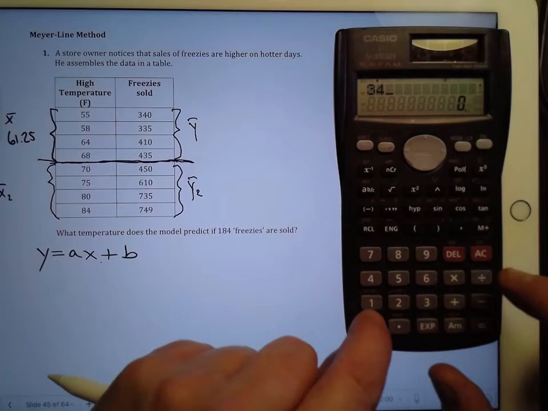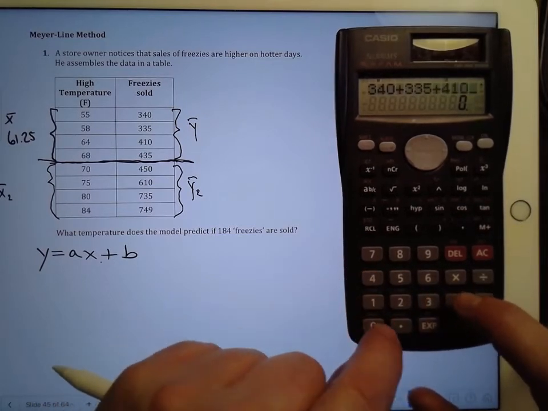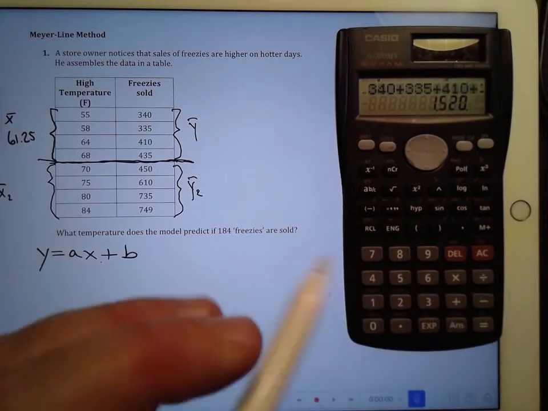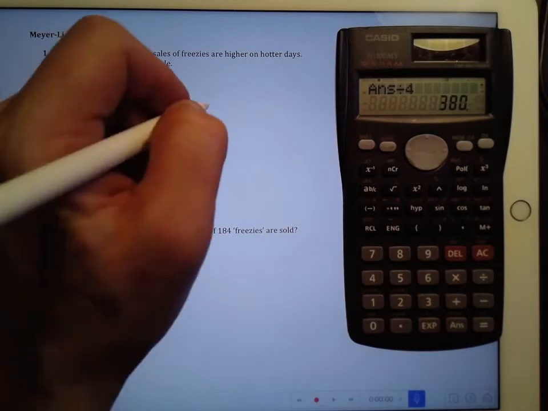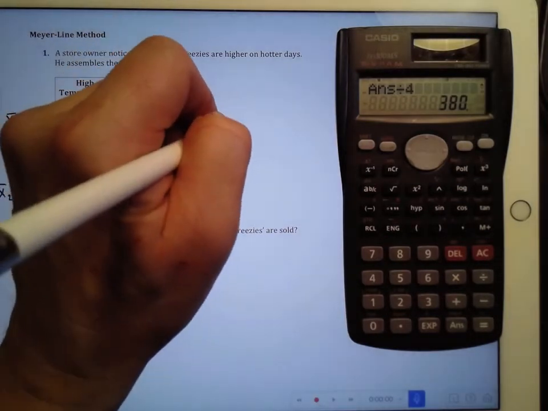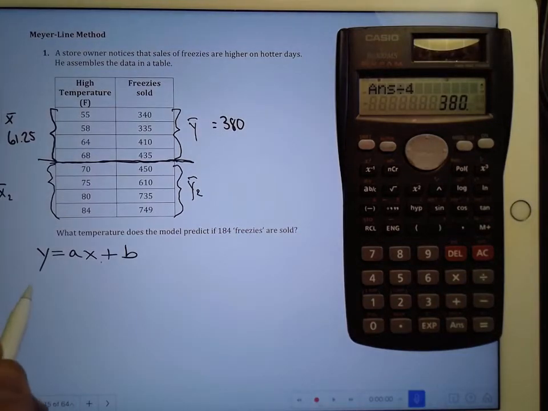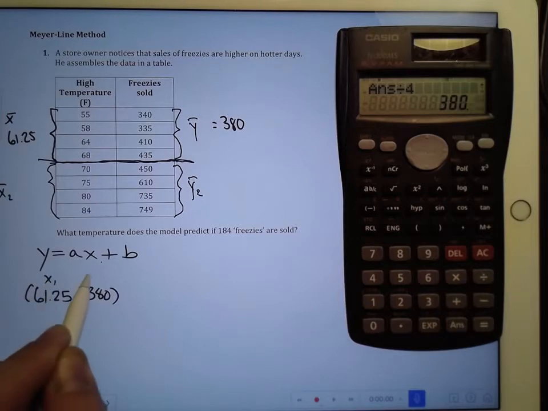So that's 340 plus 335 plus 410 plus 435, and that comes to 1,520, which we'll divide by 4, giving us 380. And what that will do is that's going to create our P1. In other words, 61.25 for the x with a 380 for the y. That would be our x1 and our y1.